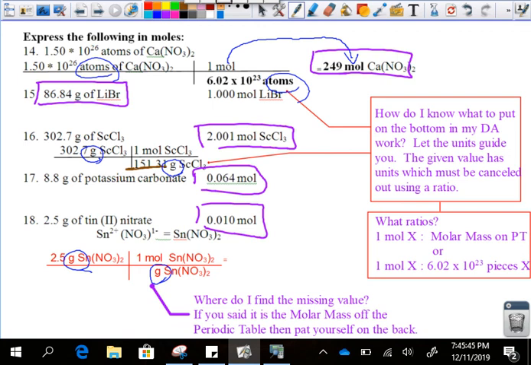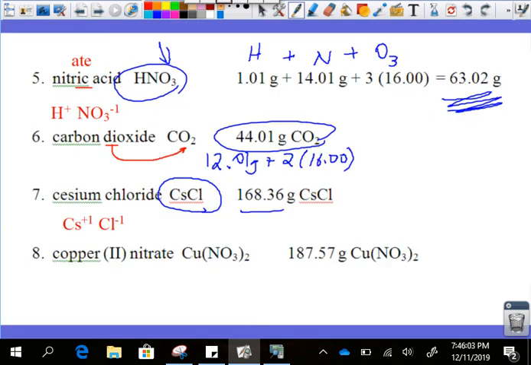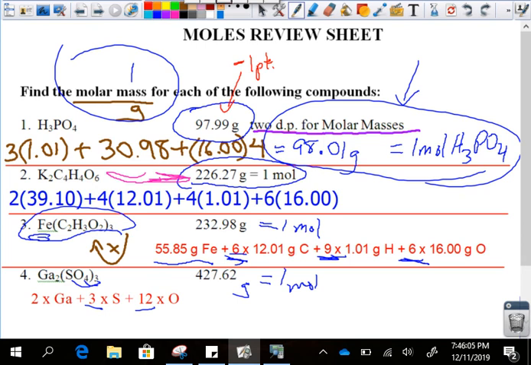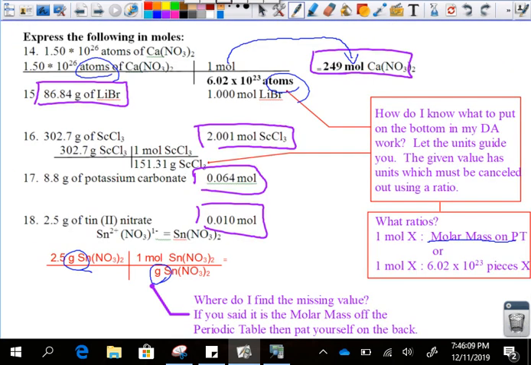Number 16, we have grams. So if it's grams, then we need to use the molar mass. Where did I get that molar mass from other than the periodic table? Let's see, ScCl3. Nope, we hadn't done that one in the beginning, so I would have to work it out.